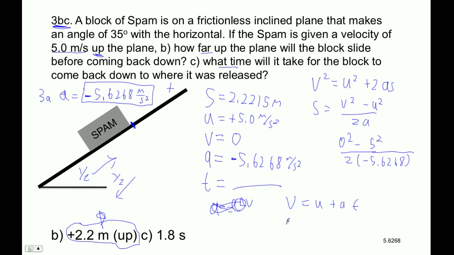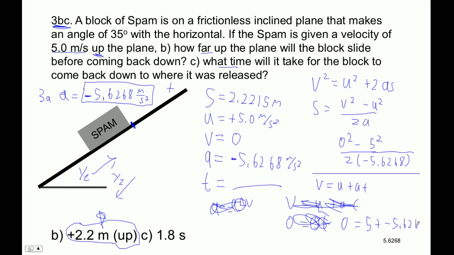So 0 equals 5 plus negative 5.6268 times t.